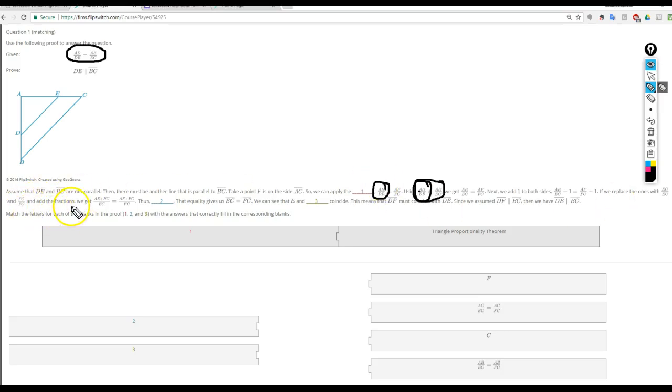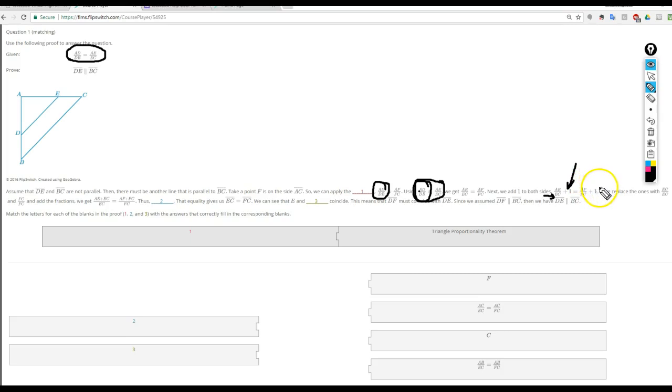And add the fractions. We get AE plus EC divided by EC is equal to AF plus FC divided by FC. And the reason why they changed this one to EC divided by EC is so that they could have a common denominator, which you have to have in order to add fractions, and the denominator right here was given as EC.